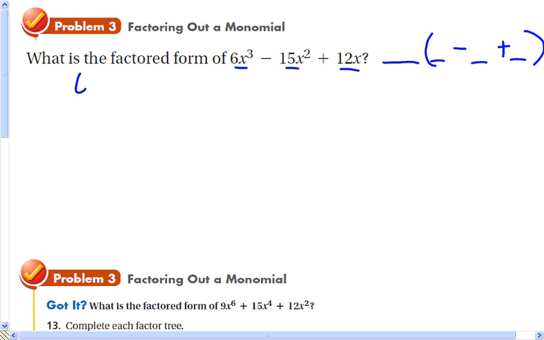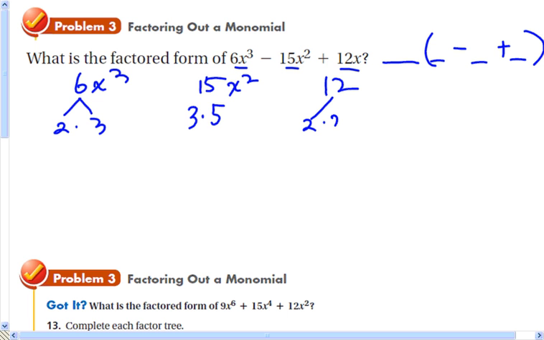So we have 6x to the third. In 6 we have a 2 and a 3, and in x we have three factors of x. 15x squared, in 15 we have a 3 and a 5, and in x we have two factors of x. And then in 12 we have two factors of 2 and a factor of 3.